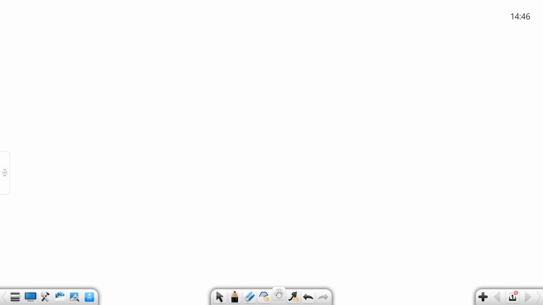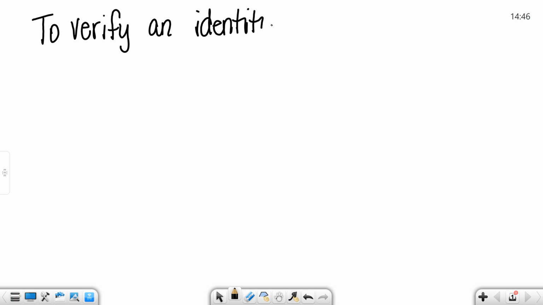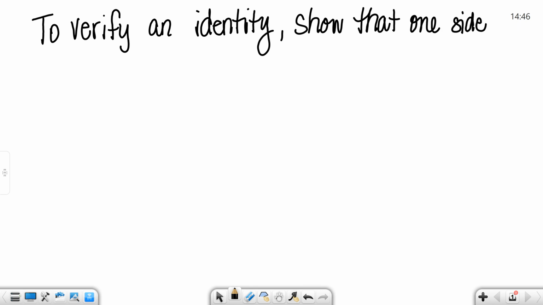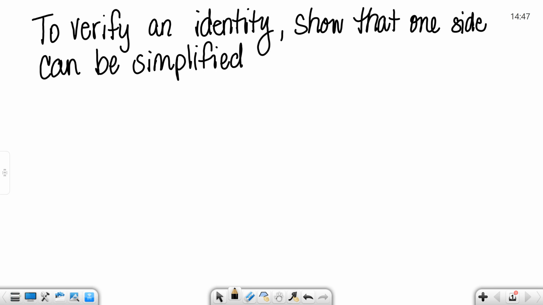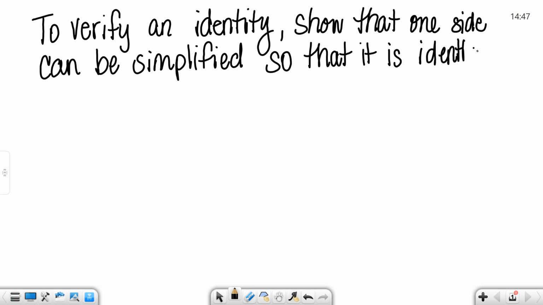Okay, so when we talk about verifying an identity, what we're going to do is show that one side can be simplified so that it is identical to the other side.